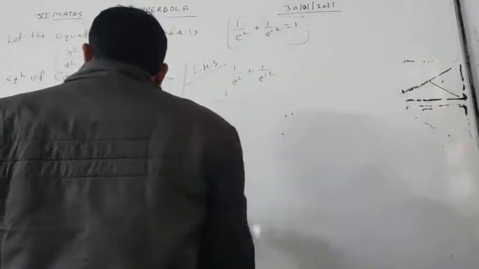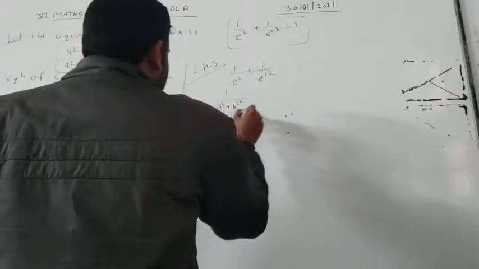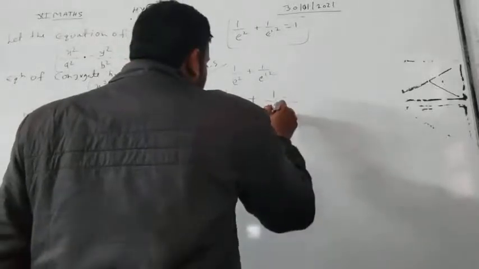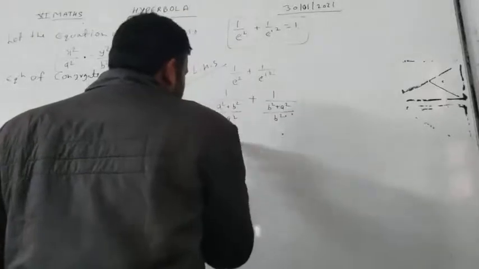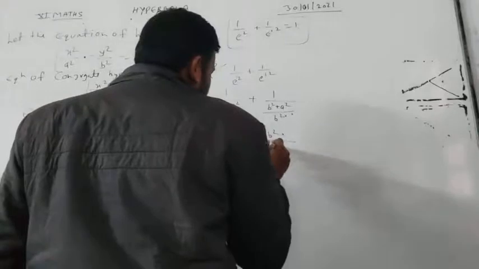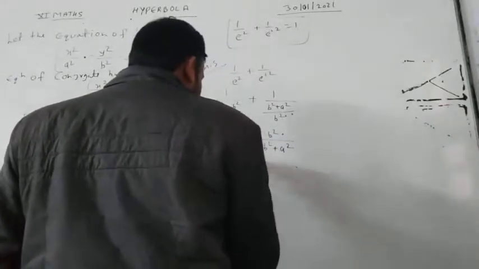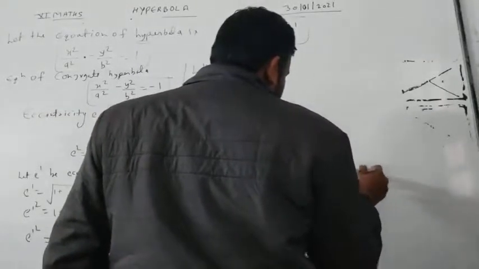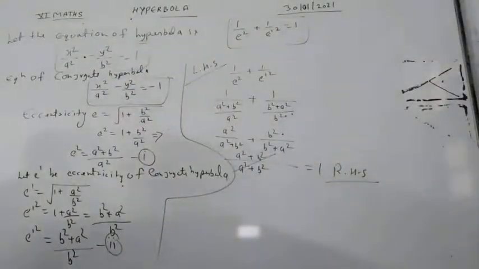So 1 by e square is a square by a square plus b square, and 1 by e dash square is b square by b square plus a square. So the denominator is the same, and when we add, we get a square plus b square by a square plus b square, which will be equal to 1, and this is our right hand side. Okay students, I hope you understand.